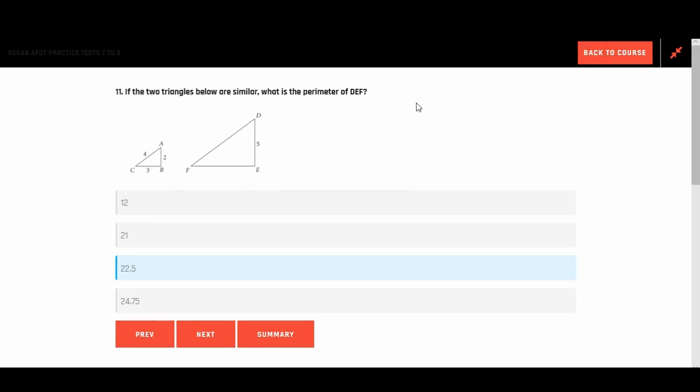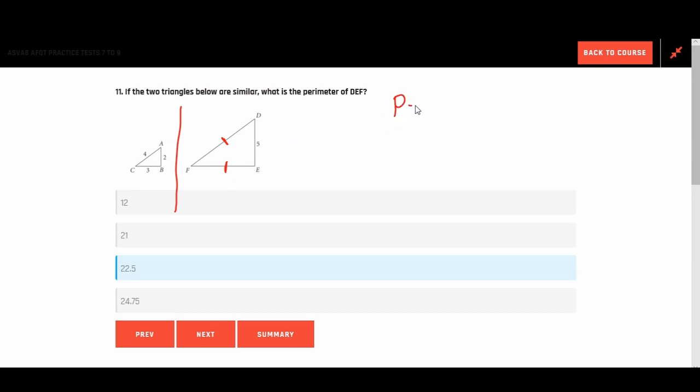Alright, number 11 says, if the two triangles below are similar, what is the perimeter of DEF? So again, we want to find the perimeter of DEF. First, to find the perimeter of anything, all you do is add up all the sides. So in order to find the perimeter of DEF, I need to find the length of this side and the length of this side.